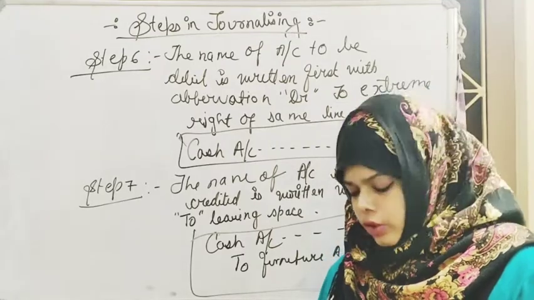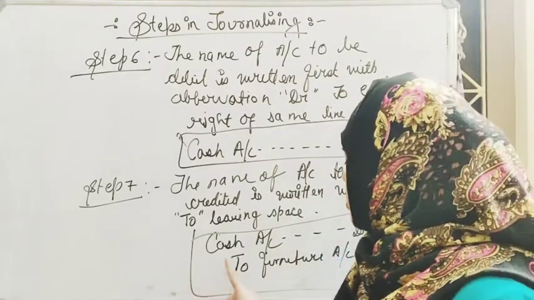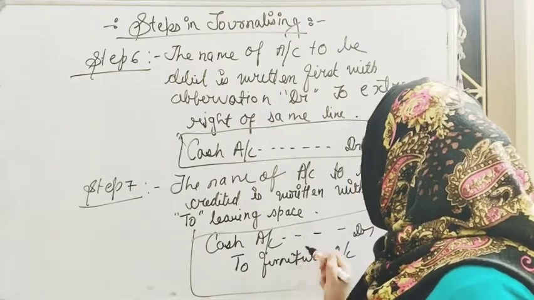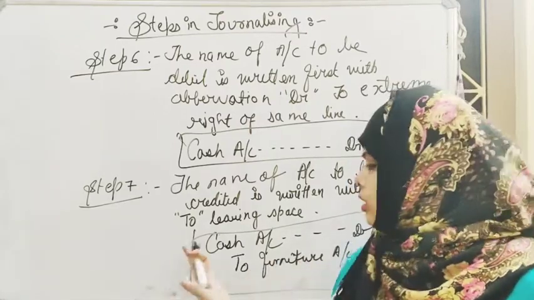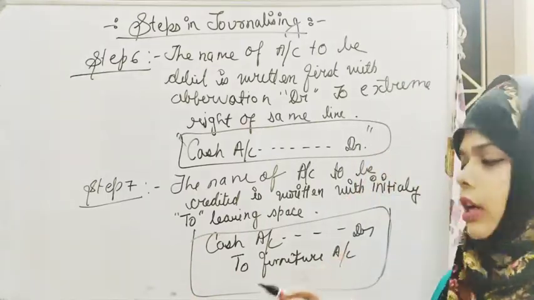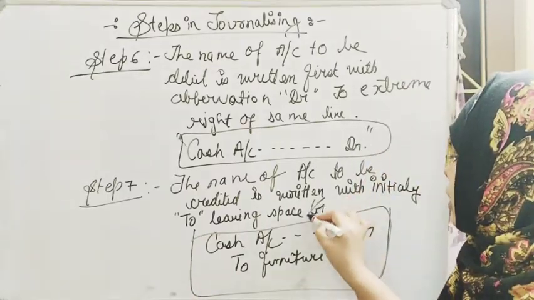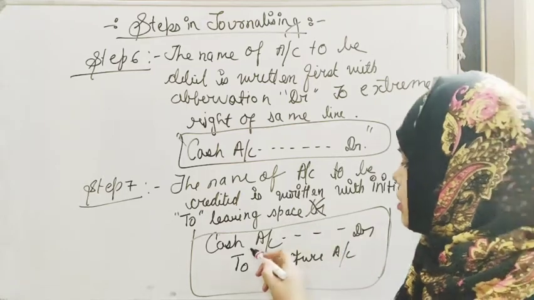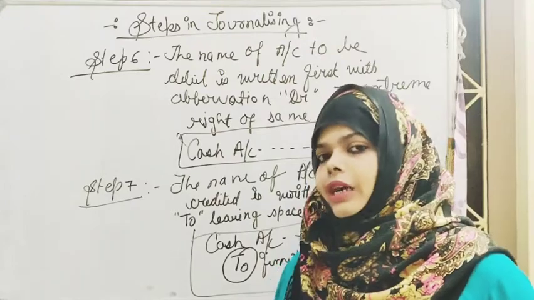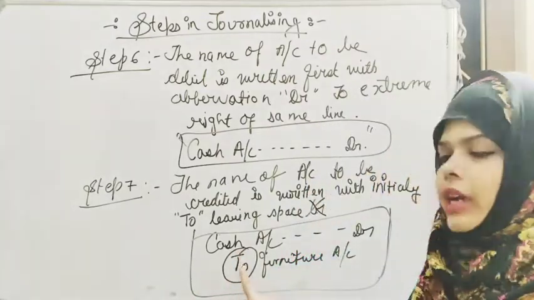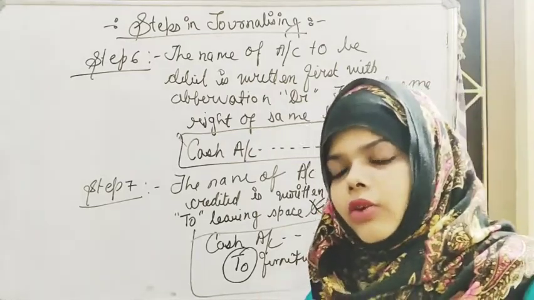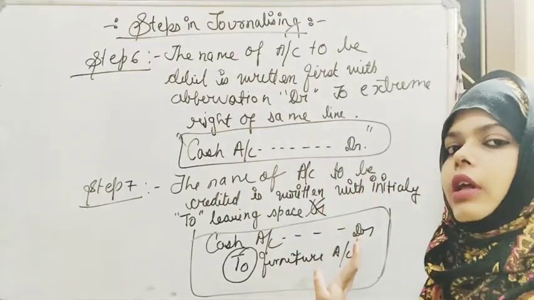Everywhere when we write a journal entry, the credit account is to begin with 'To', and the debit has to end with DR. There is no CR written in the credit part. It is written with the initial 'To', with a capital T, not a small letter, and DR also should have a capital D, not a small d.